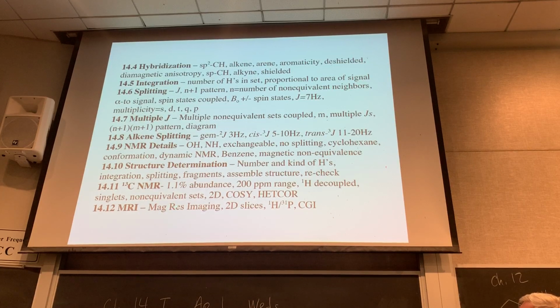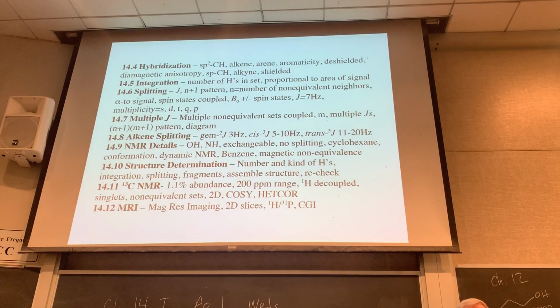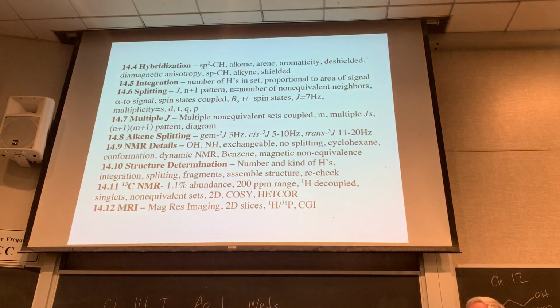And then you can take 2D slices through these images using proton and P31 NMR to get a computer-generated image that we call MRI, for magnetic resonance imaging in the clinic. So some of you have probably had an MRI or seen it done.